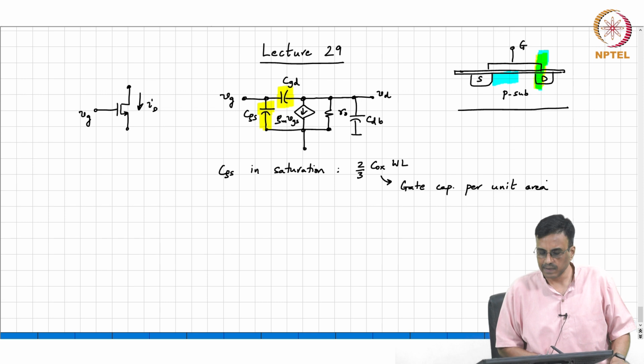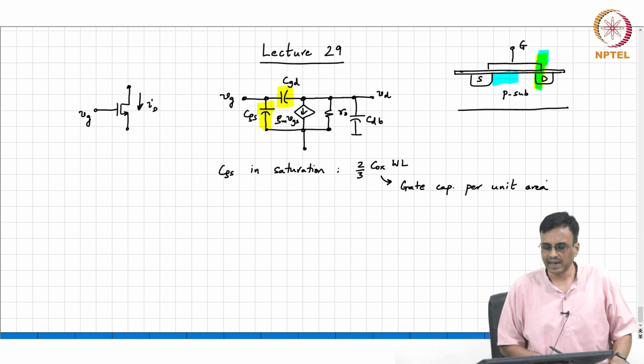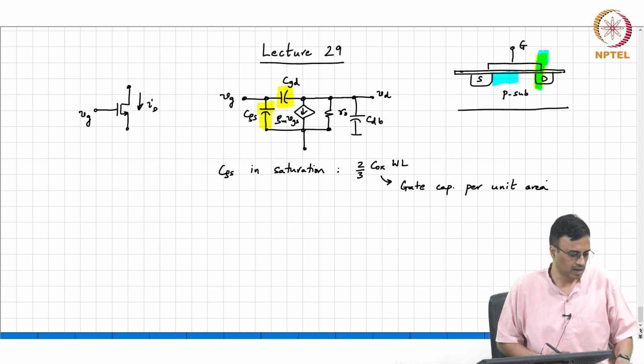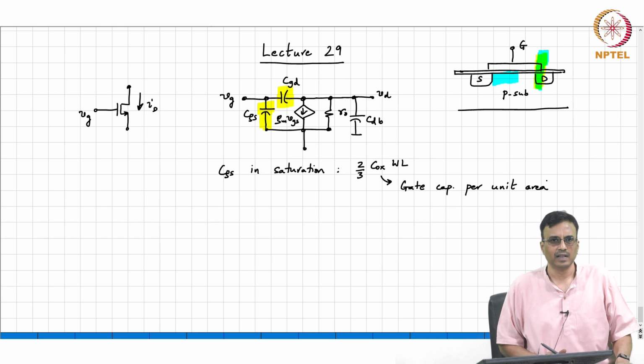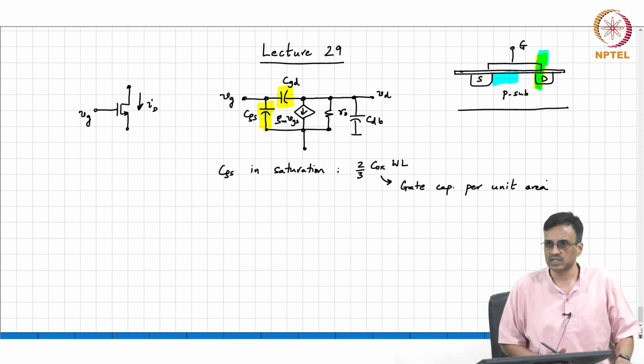Similarly, CDB is simply the reverse bias capacitance between the drain and the bulk. If you have done a basic device physics class, you know that a reverse bias junction has a capacitance which changes with the voltage, but for all practical purposes you assume that it is constant.